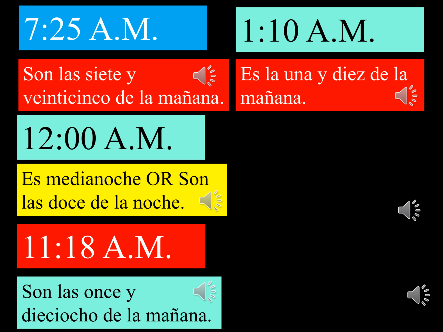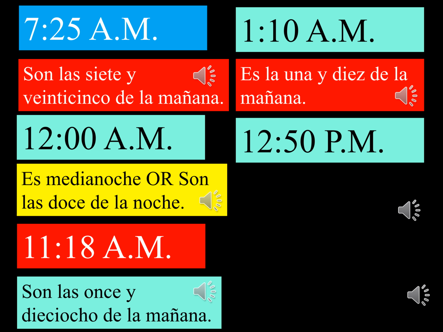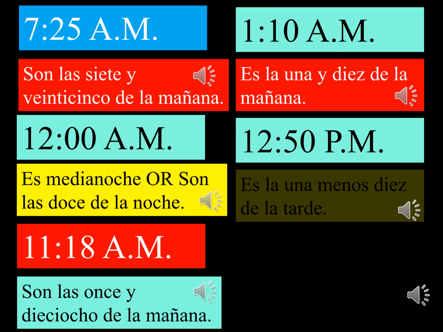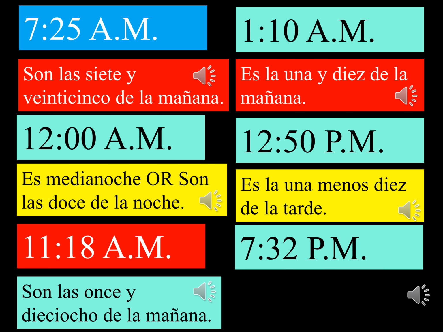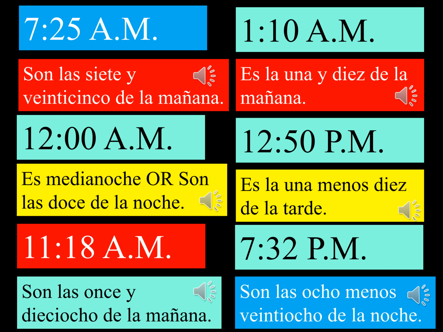Es la 1:10 de la tarde. Son las 8:28 de la noche.